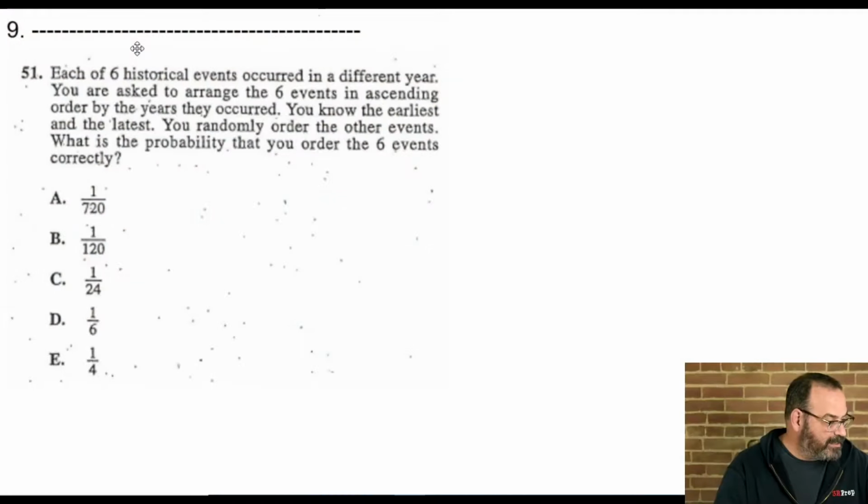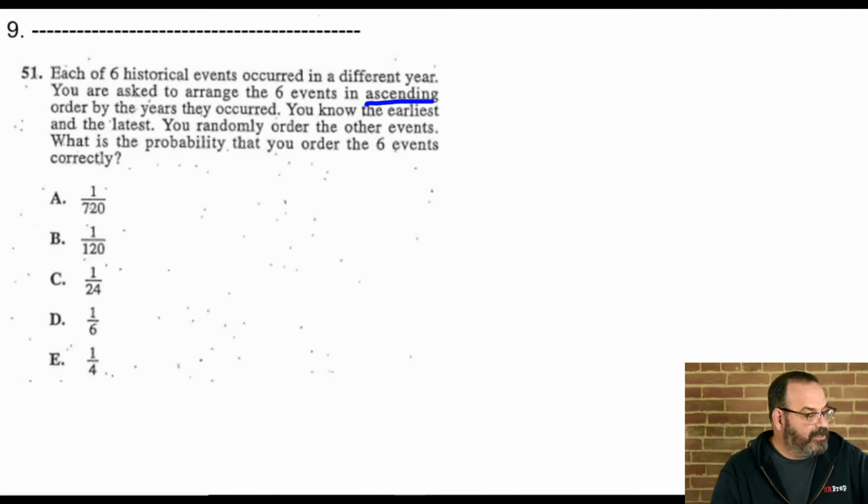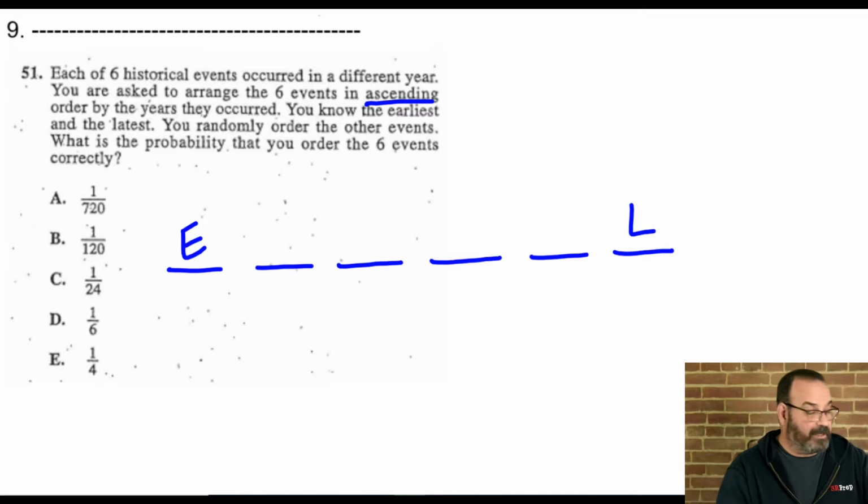Each of 6 historical events occurred in a different year. You are asked to arrange the 6 events in ascending order by the years they occurred. I like that word, ascending order. You know the earliest and the latest. You know the earliest and you know the latest. You randomly order the other events. What is the probability that you order the events correctly?